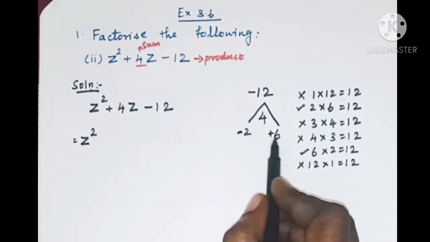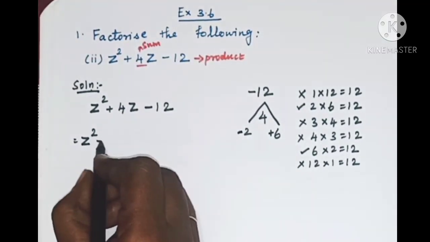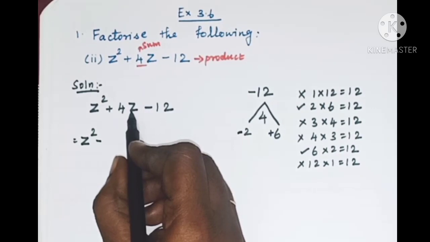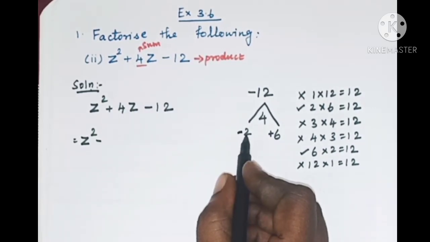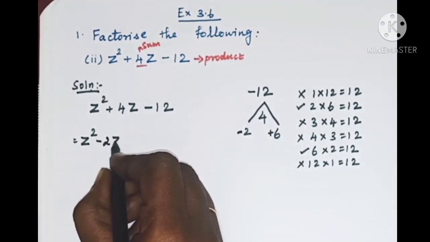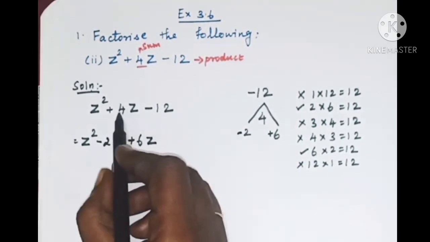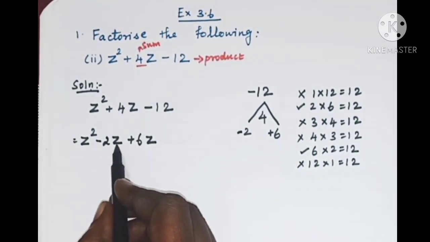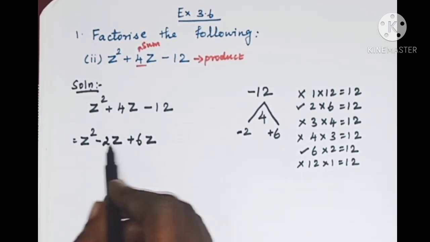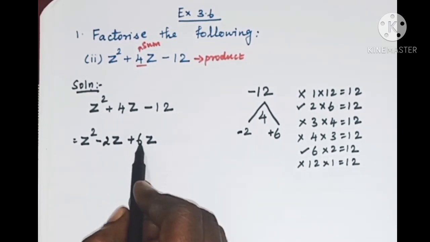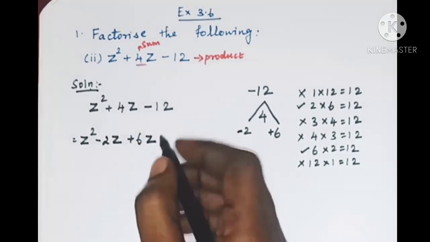So these are the numbers, minus 2 and 6. Here we have the variable z in the sum, so we should write minus 2z plus 6z. 4z can be written as minus 2z plus 6z, because 6z minus 2z is 4z.